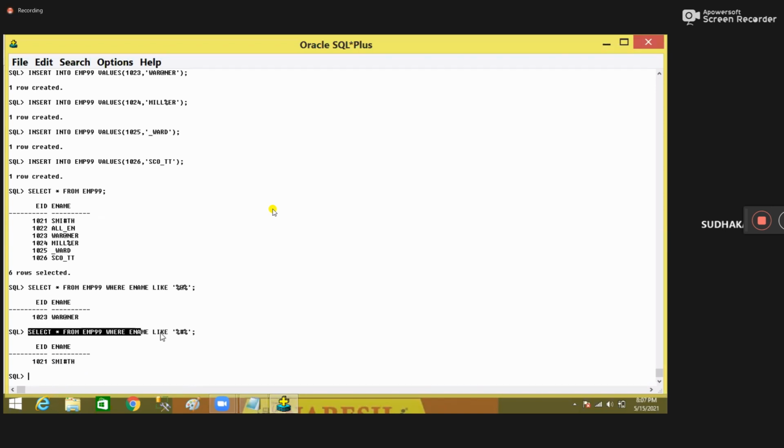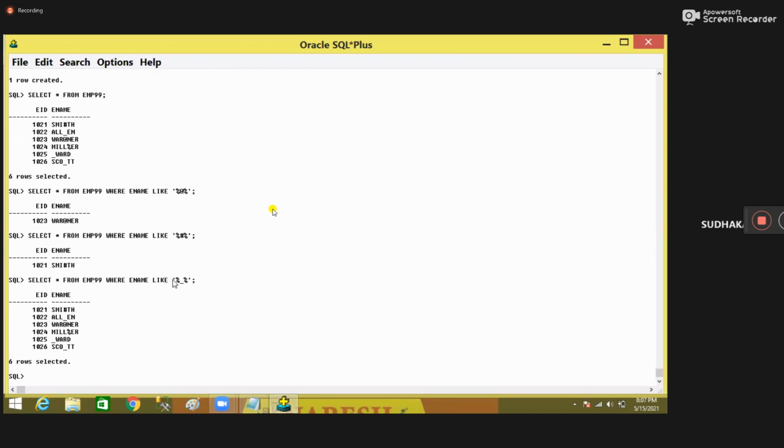But here, same to same, everyone is expecting underscore now. So let me write here percentile underscore percentile and execute. Then what happened? You can see, when I'm using percentile underscore percentile, all people data is displayed.